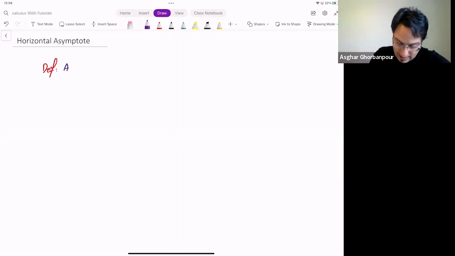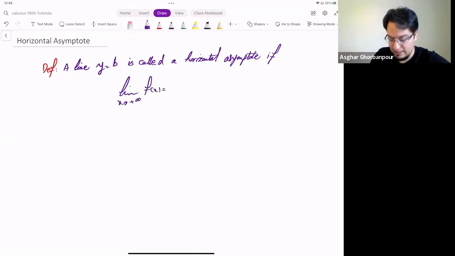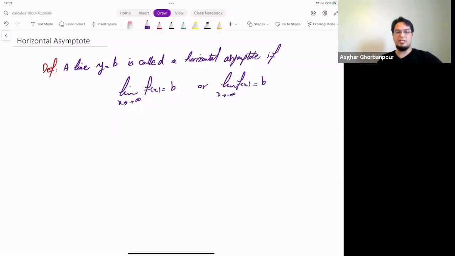So a line y equal to a number L or b is called a horizontal asymptote if, when x goes to plus infinity, the limit of the function at plus infinity is b, or the limit of the function at negative infinity is b. If any of these happens, you get b.